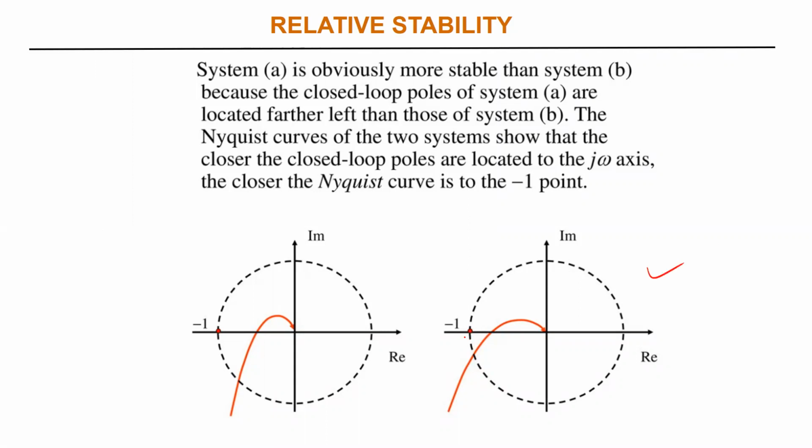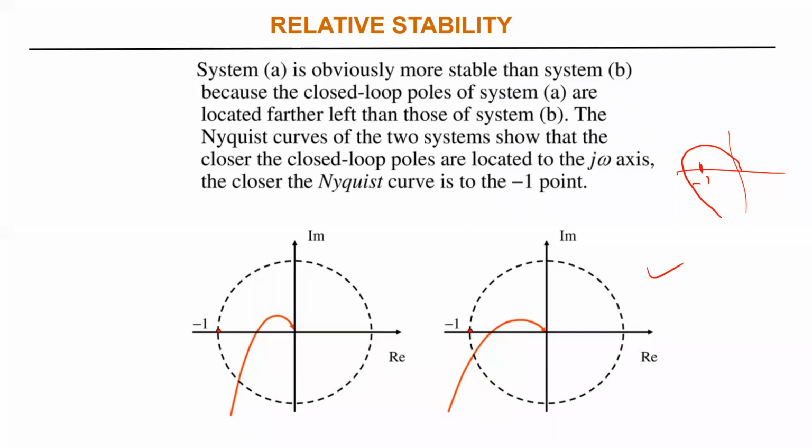Yes, because now we are close to the -1. And in the Nyquist stability criterion, we worry when we encircle the -1. So the nearer to the -1 point, the more instability. This one is far away from -1, so this system is more stable than the other one.